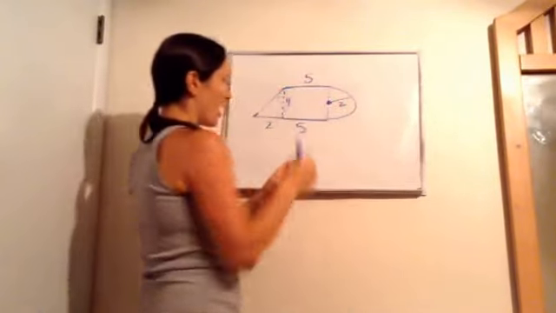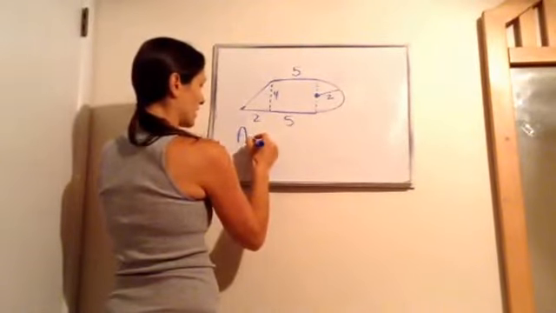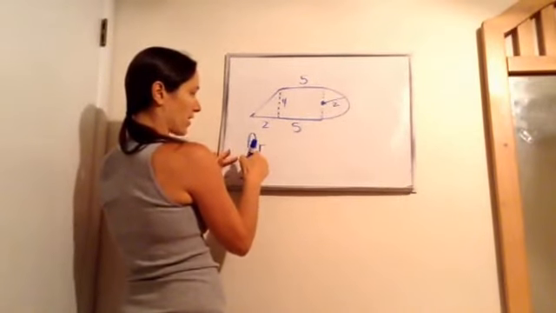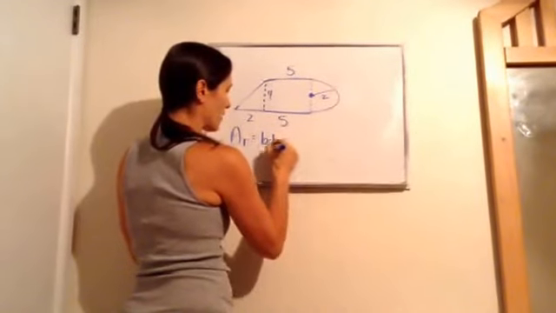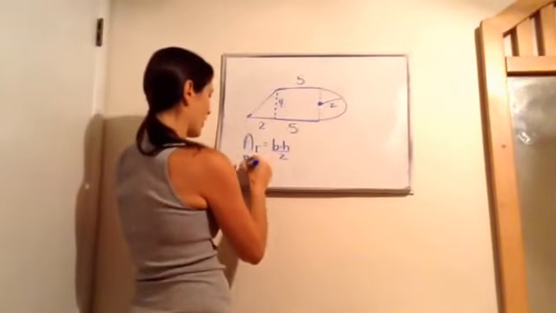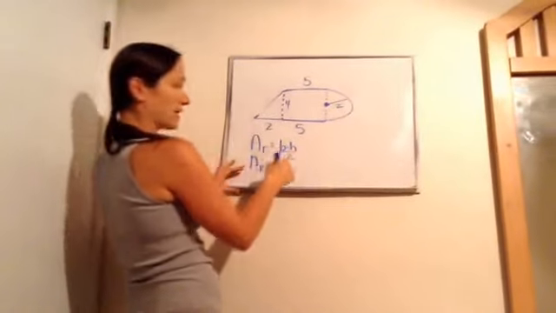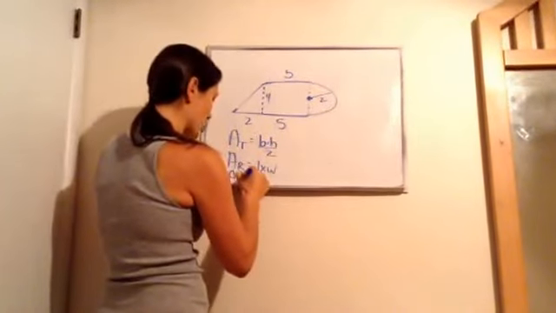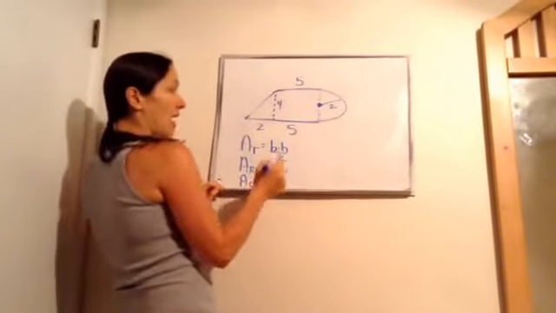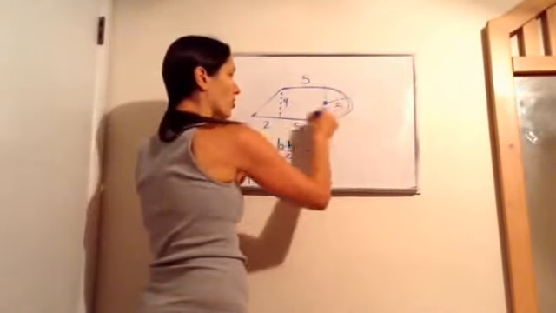Now, here's what I want you to do, is you're going to find the area of the triangle. See how I wrote that area of triangle? And that is base times height divided by 2. Then you're going to find the area of the rectangle, which is length times width. It's important that you're writing these out so you don't forget what you're doing every time. And then this is the area of a circle, but we're not finding the whole circle.